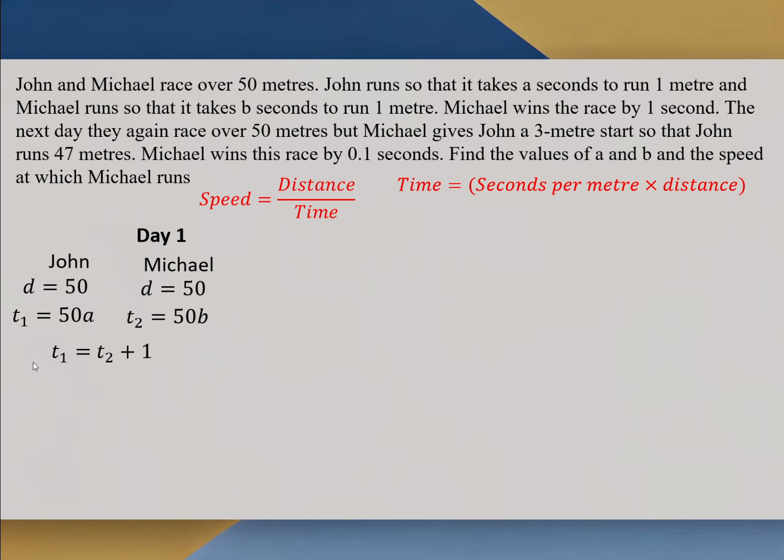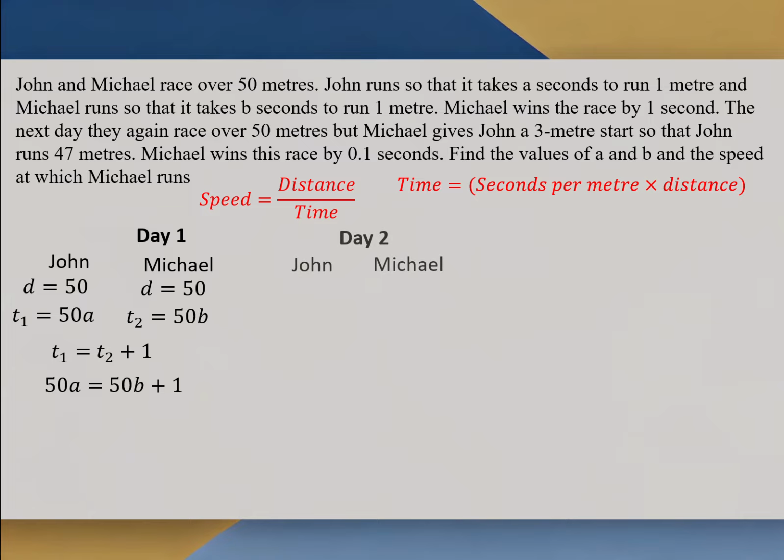So John's time would be Michael's time, which is T2, plus 1. Now I'm going to simplify this a bit further, and instead of having T1, because I've added more variables, I'm going to make that 50A, and T2 will be 50B.